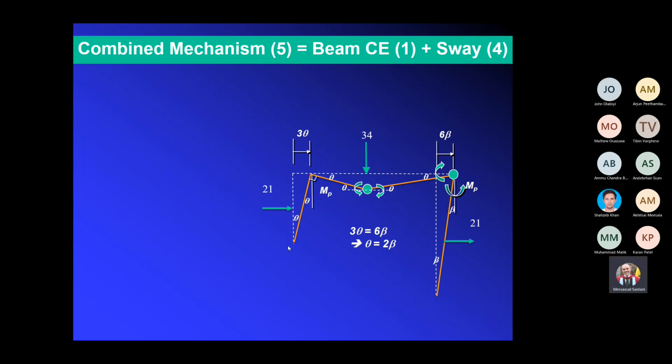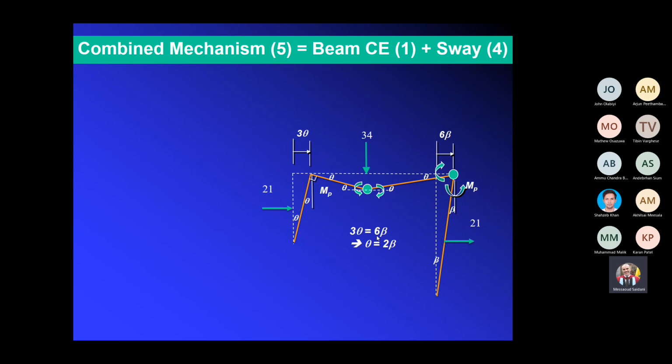Now, if we start on the left side and the angle at A is theta and the angle at the other side is beta, then we have displacement 3 theta equal to 6 beta, whereby, for compatibility, we have the same displacement at the top here.